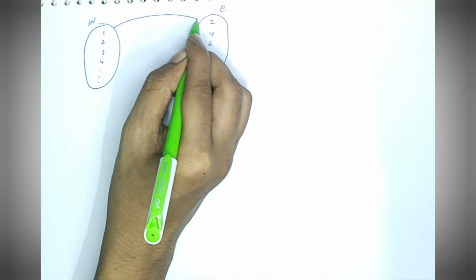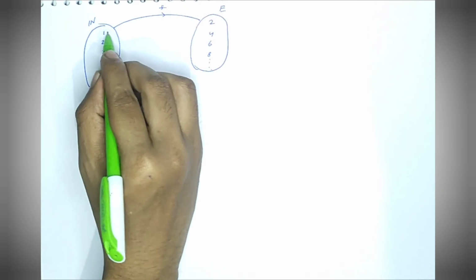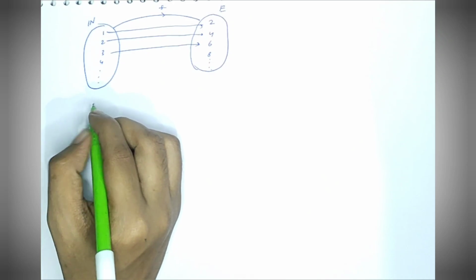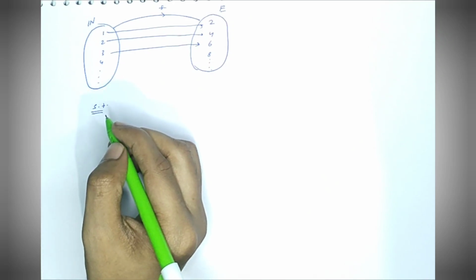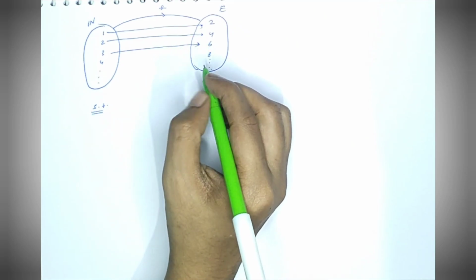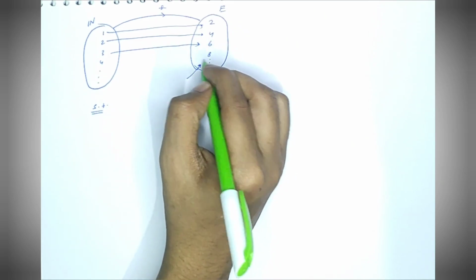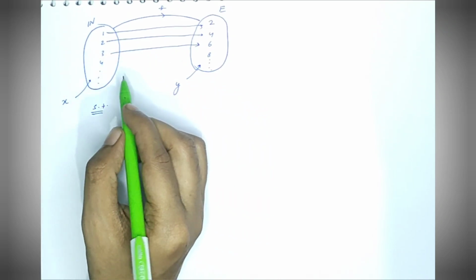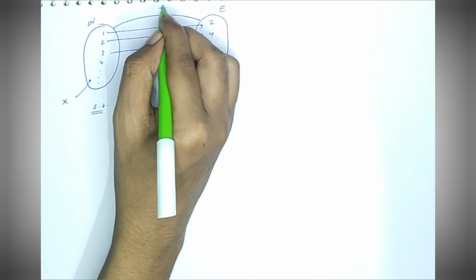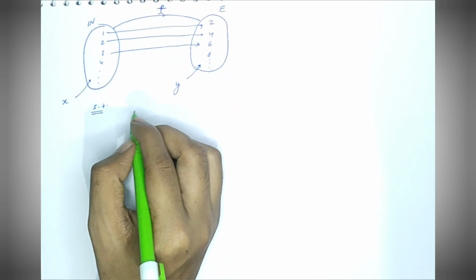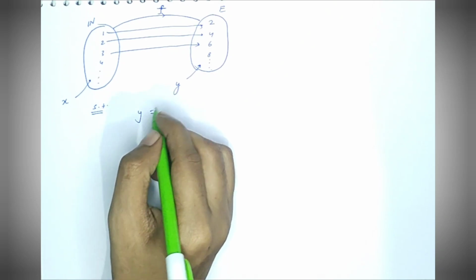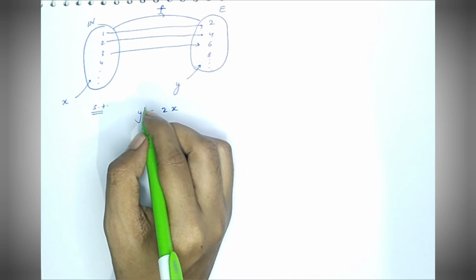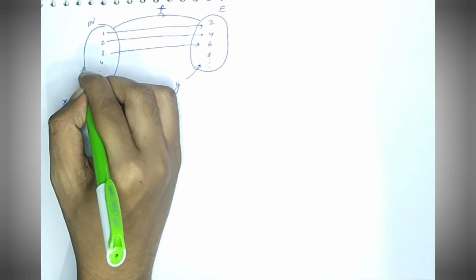If I define a function f from N to E in such a way that 1 is mapped to 2, 2 is mapped to 4, 3 is mapped to 6, and if all the elements of E are represented by y and all the elements of N by x, then y is 2 times x, where x is an element of the natural numbers.